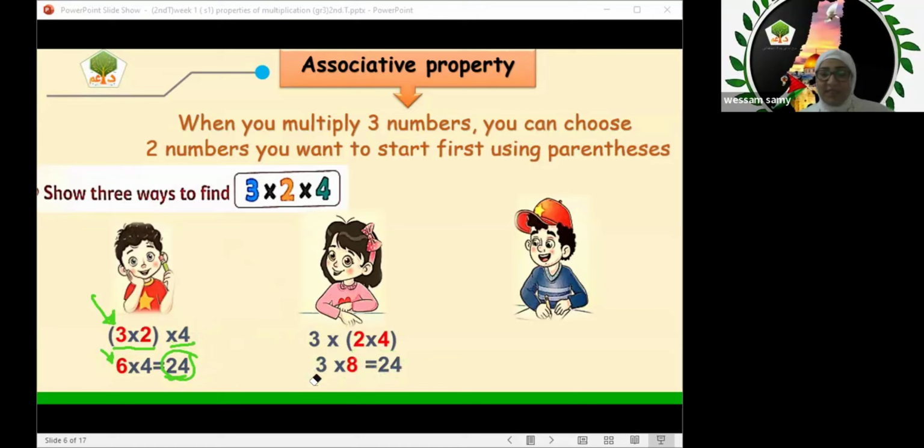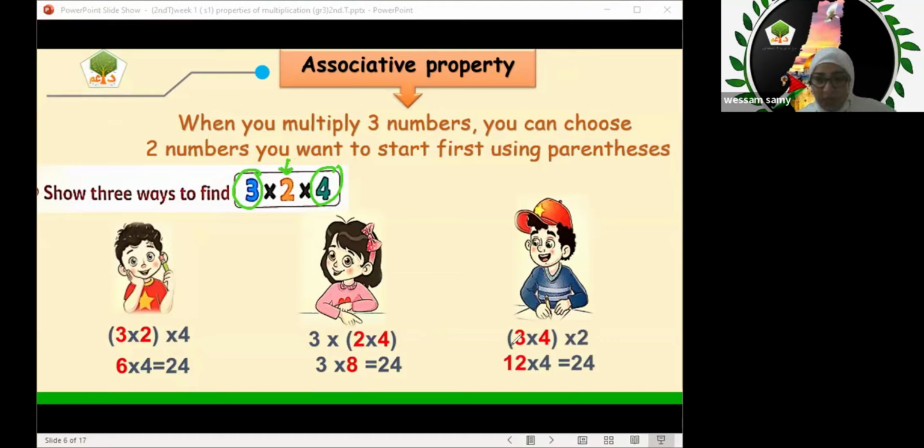Okay, let's see the last answer of our friend Farid. What did he do, Farid? Farid said that, teacher, I will start by multiplying 3 and 4 together. And when I finish, teacher, I will multiply the result by 2, or the product by 2.